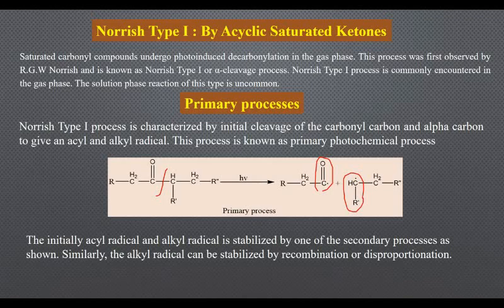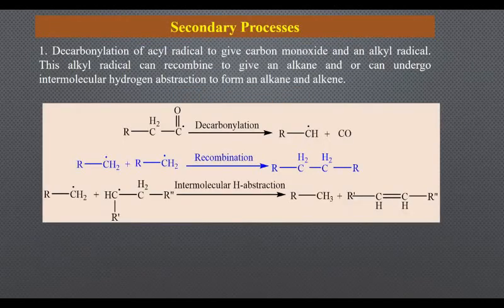These initially formed acyl and alkyl radicals are stabilized by one of the secondary processes as shown here. The first secondary process is the decarbonylation. This acyl radical undergoes decarbonylation to produce carbon monoxide and another alkyl radical.